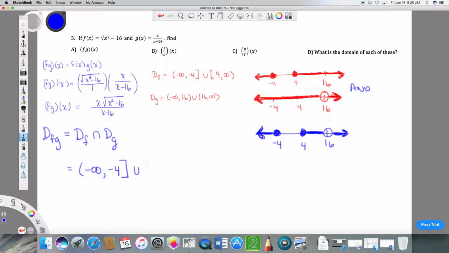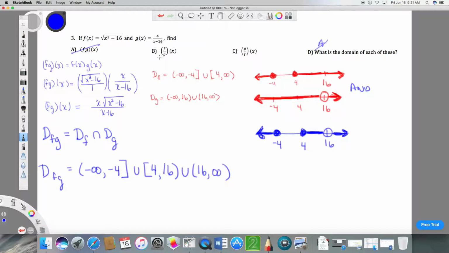And then from +4 out to 16, and there's another small break, and 16 to infinity. So that's the domain of this product. So we have now finished part A, where we found the domain of the product.